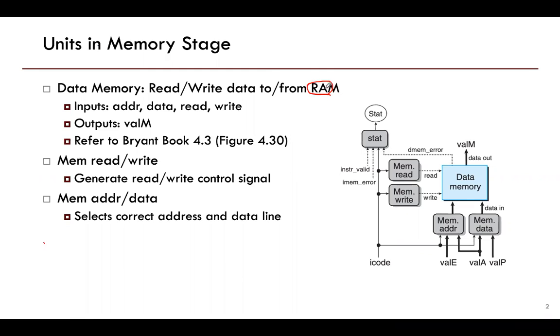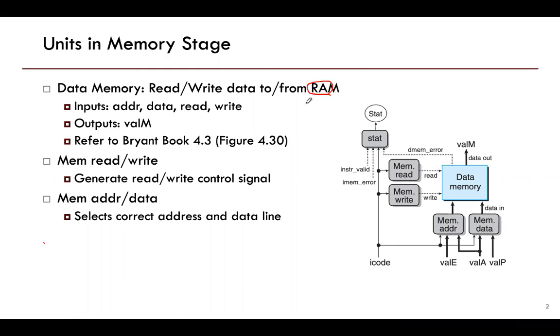But in the fetch unit, we can use either ROM or RAM, because once your machine code is loaded to the instruction memory, we never modify or update it, right? So the instruction memory can be ROM, but data memory must be RAM. Read and write function should be there.